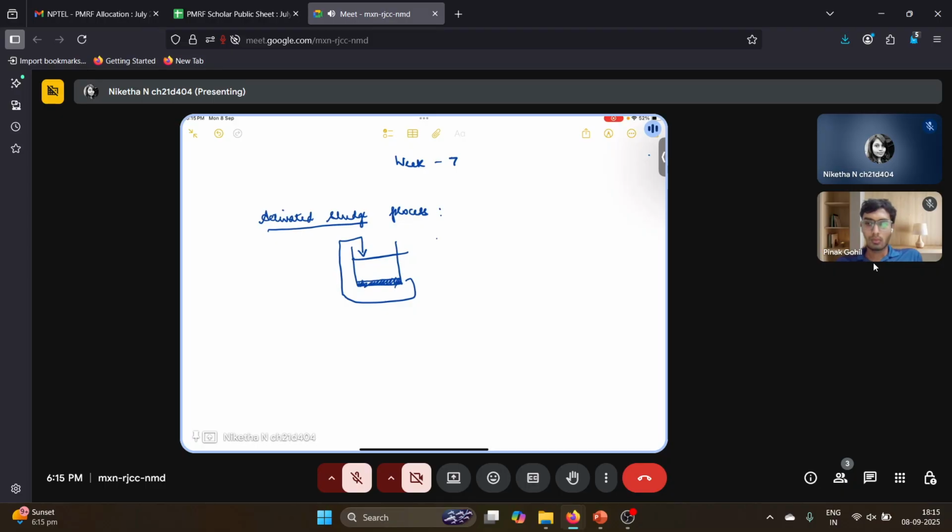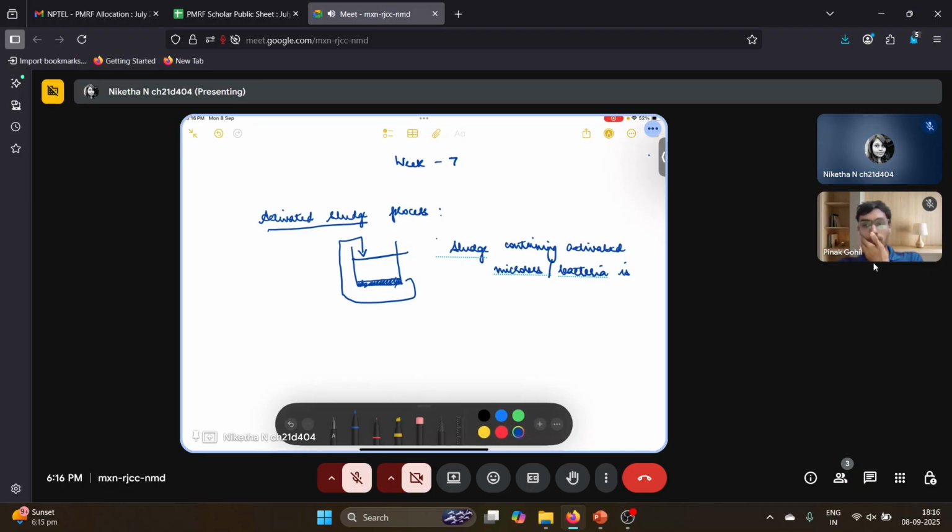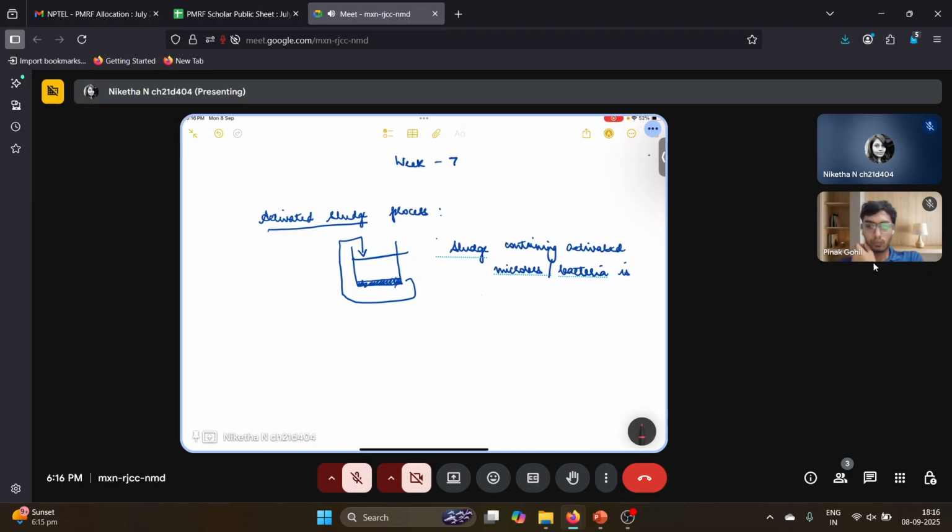Okay, so this sludge, which contains activated microbes or activated bacteria, is your activated sludge.